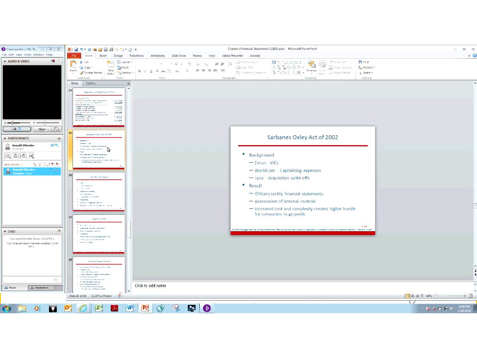And so all these things happening at the same time caused regulators to say the public is losing faith in the financial reporting that's going on.